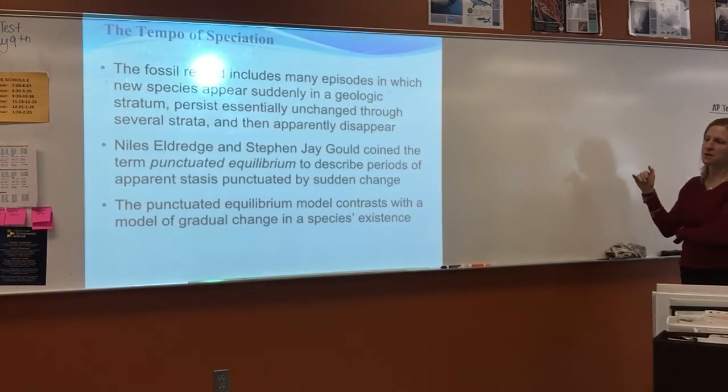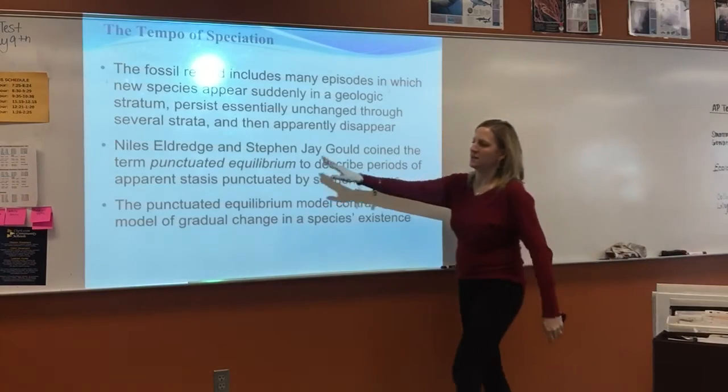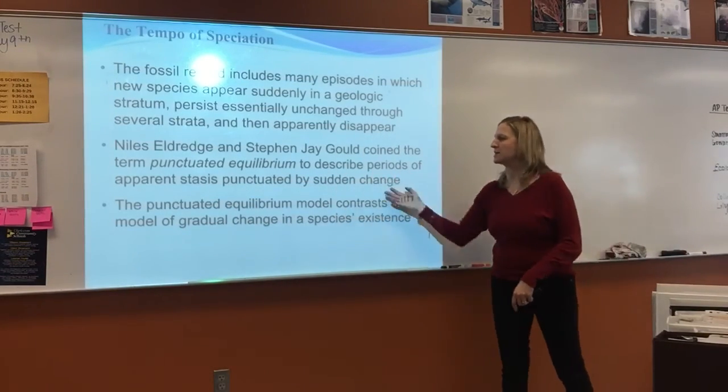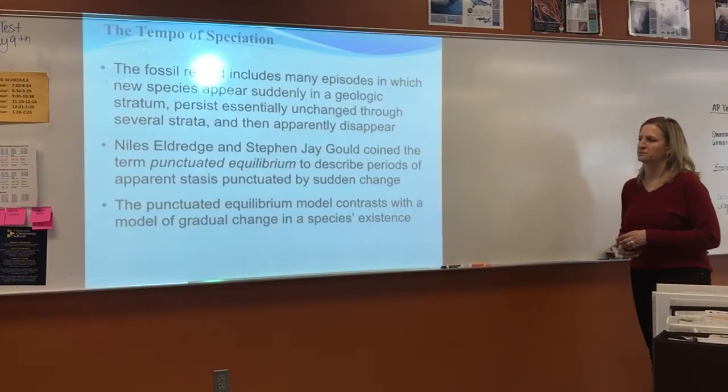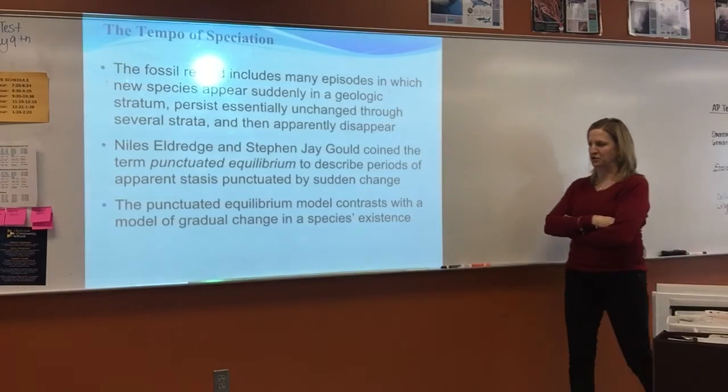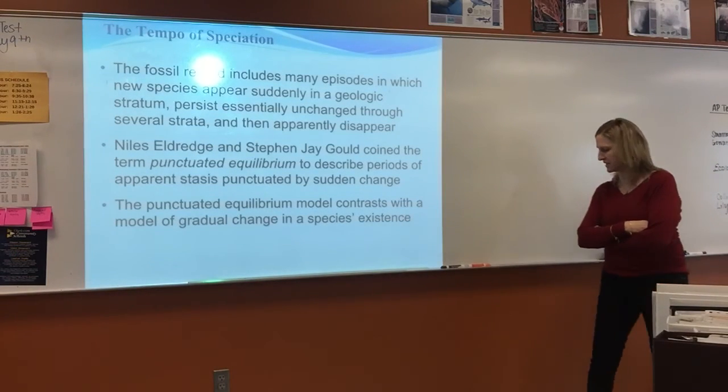It describes periods of apparent stasis. That means no change. Punctuated, or interrupted, by sudden change. And this model of punctuated equilibrium contrasts with the model of gradual change in a species' existence.